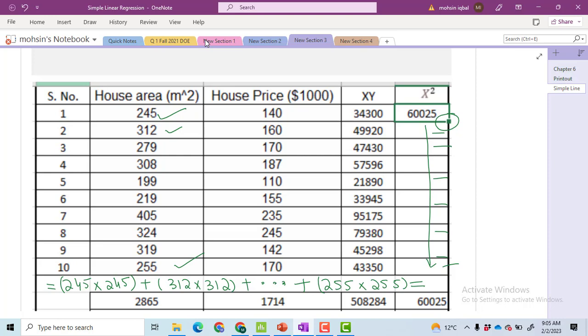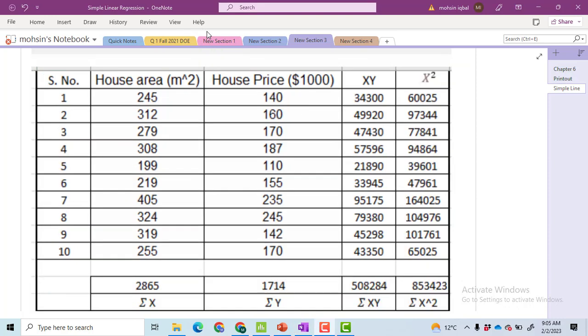Upon solving in the calculator, because you have to do the same for all these values, you will get the answer 60025.